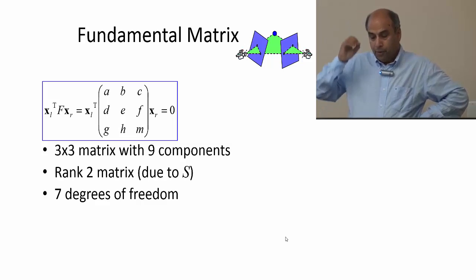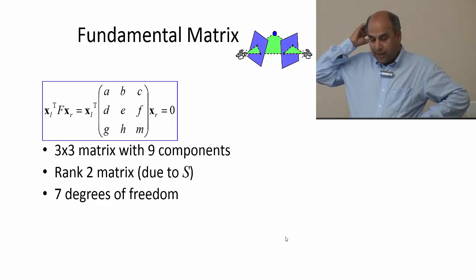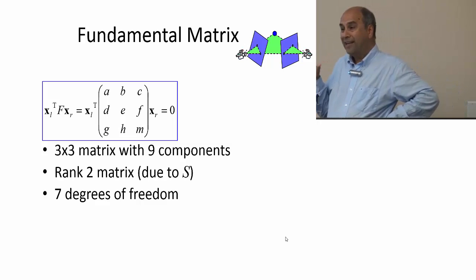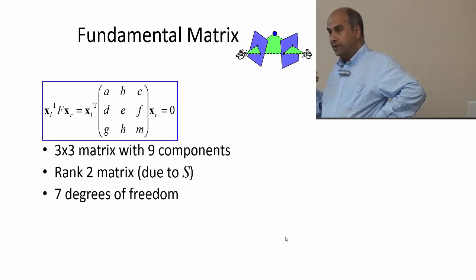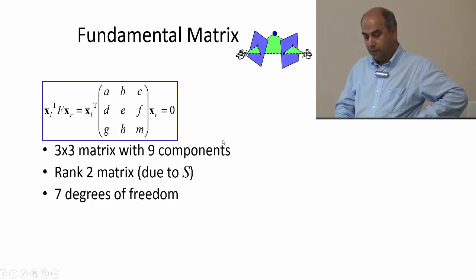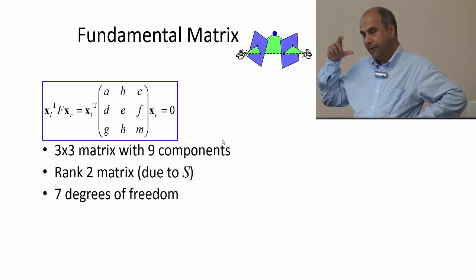Now the other thing is that it has 7 degrees of freedom, even though we have 9 unknowns. One is that this is a homogeneous system because this is equal to 0, so we can get rid of one degree of freedom like that.